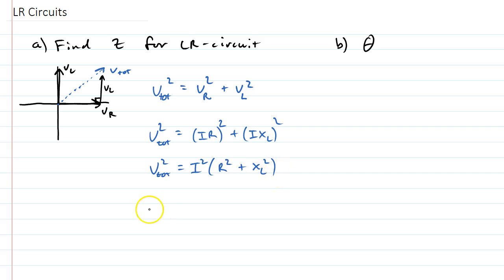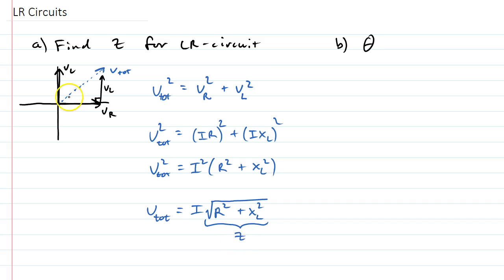And then I'm going to square root everything. So we would have current times, over here instead of parentheses, we could just put all of this under one square root, R squared plus XL squared. Okay, so this is our new Z for the case of an LR circuit.